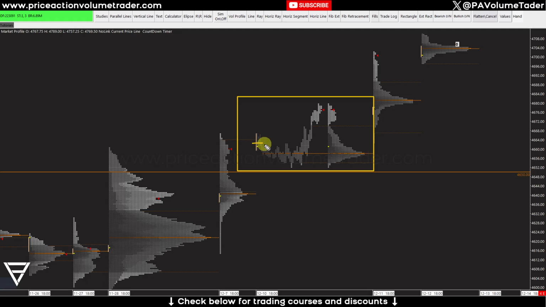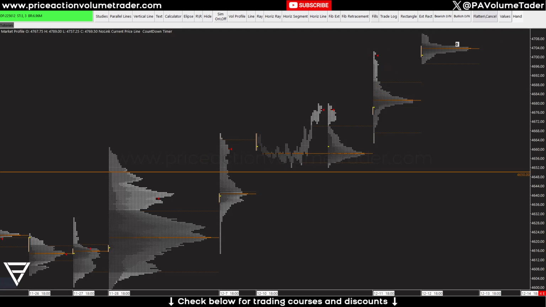And you can see how we opened right here, came back down, testing right at the swing level. We migrated acceptance and value up, and then we had another close near a new high. Next day we opened right here, closed at a new high.